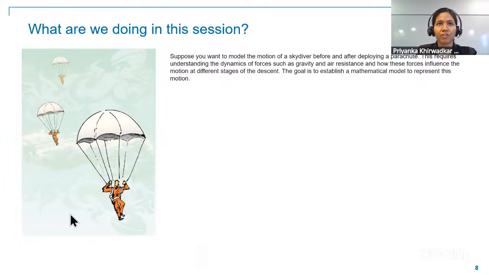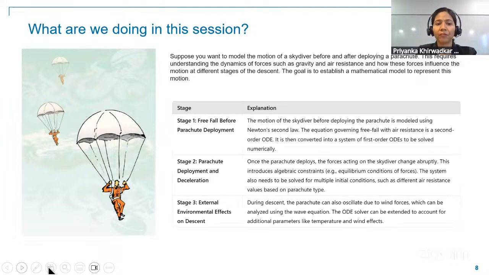The first stage involves the free fall before the parachute deployment, where the motion is governed by Newton's second law. The equation for free fall with air resistance is a second order ordinary differential equation, which we convert into a system of first order ODEs to solve numerically.